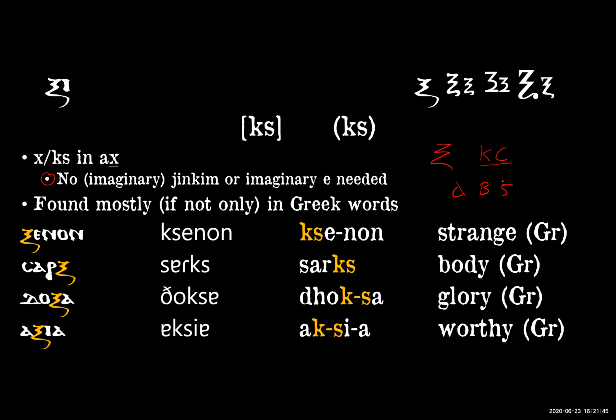But like I said, this letter is found mostly in Greek words. So sometimes they have a hard time finding words that start with the Xi sound that make sense. So what they'll do instead is they'll find a word that starts with this combination, and they would just respell it with this letter.